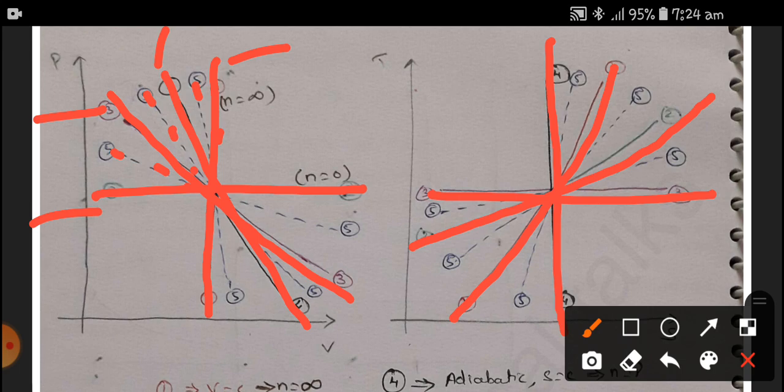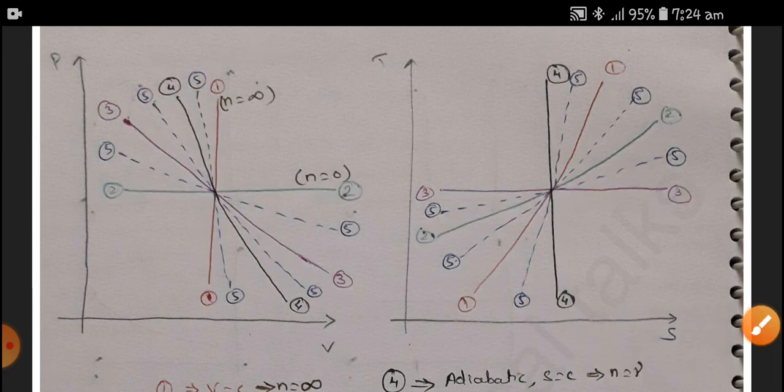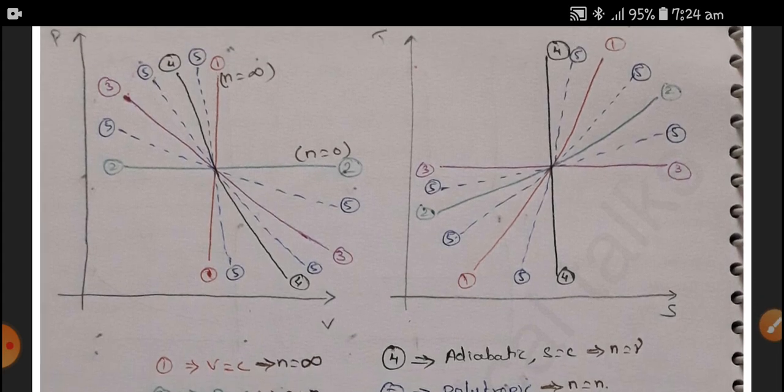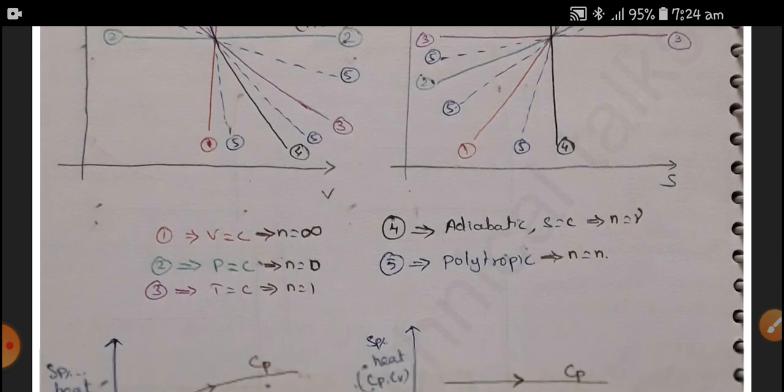You can see in the PV and TS diagrams that it lies in between. I hope you have gotten better clarity about these PV and TS diagrams within a single curve. This is my idea to show the terms within a single graph.